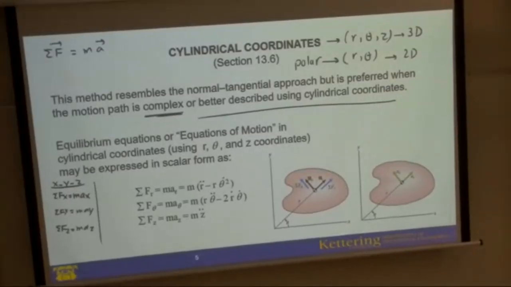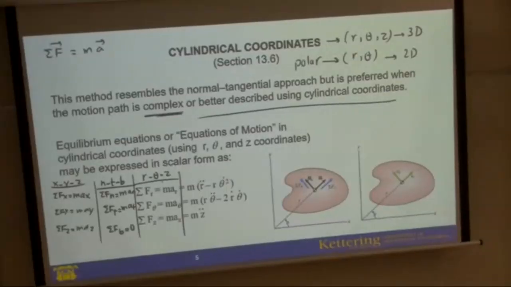Also, in the normal, tangential, and binormal directions, we found these equations: sigma Fn equals m an, sigma Ft equals m at, and sigma Fb equals 0. These three equations are the equations of motion in the r, theta, and z directions.